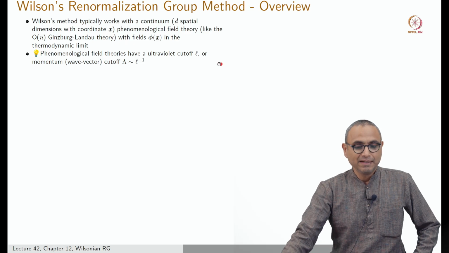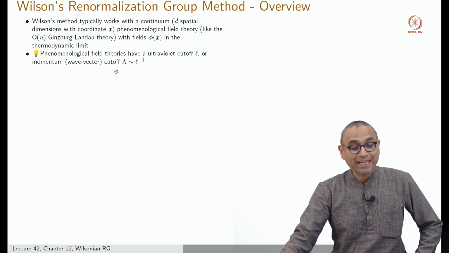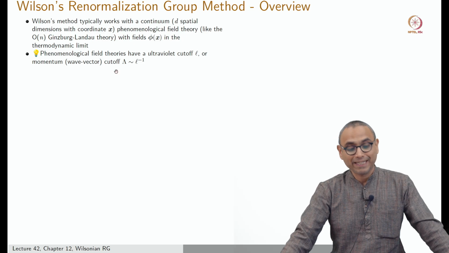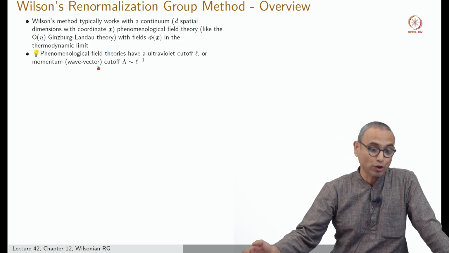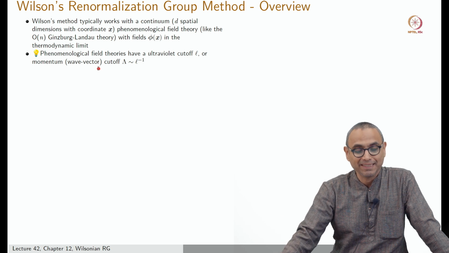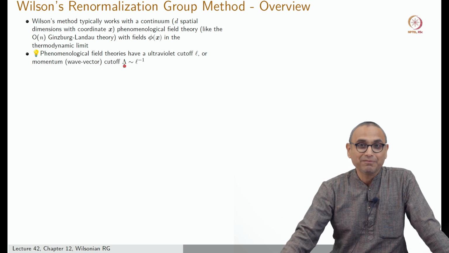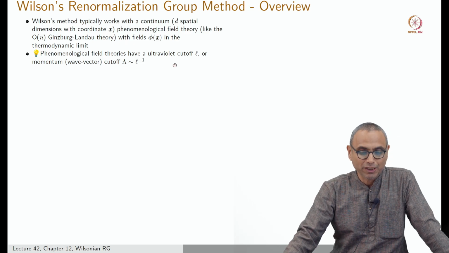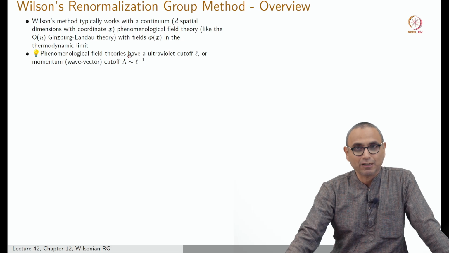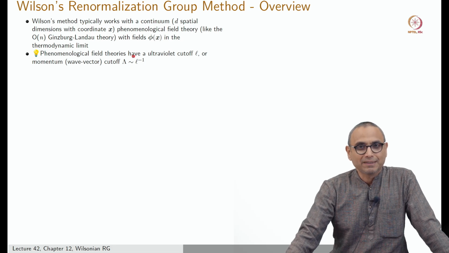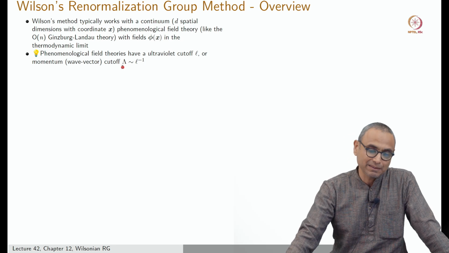Or we can also think of it as a cutoff in momentum space, or in wave vector space. That is, you say that there is a Lambda which is inversely proportional to this l. Both are equivalent ways of thinking. Since we will be working primarily in momentum space, when we say cutoff we will typically mean the momentum cutoff, capital Lambda. That is a pretty standard notation.